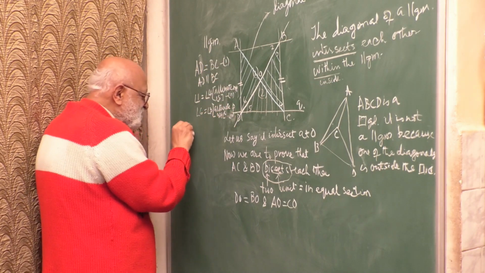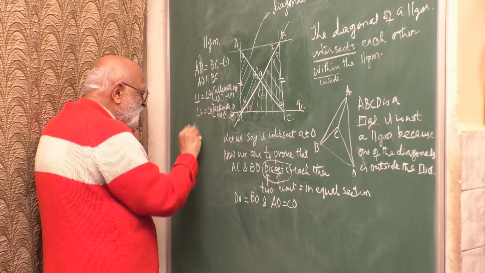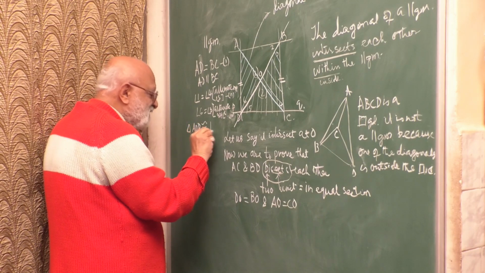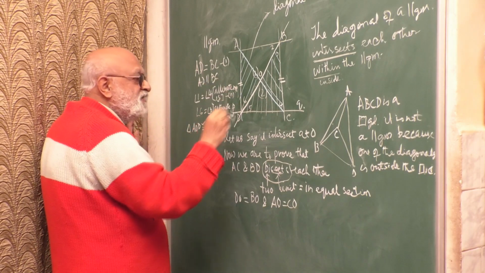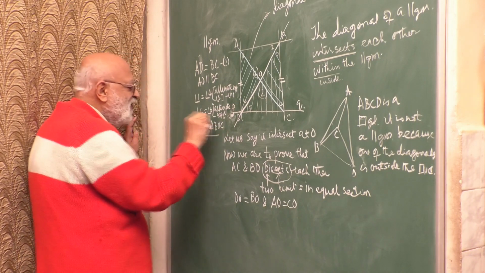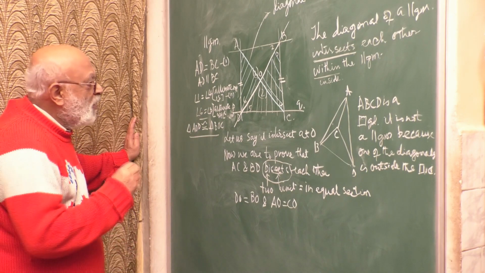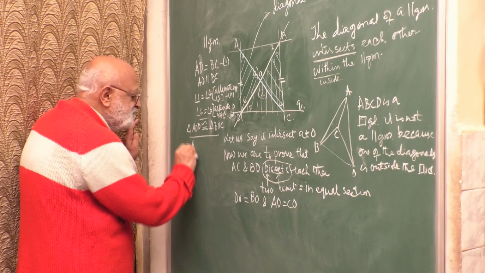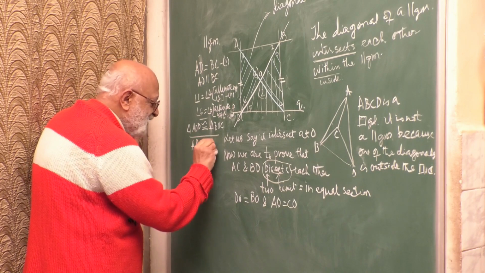So triangle AOD is congruent to triangle BOC. Okay, we have proven these two triangles are congruent. So now I can write that AO is equal to CO. Why? Simplicity.